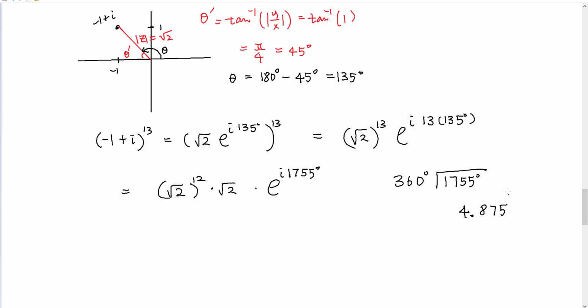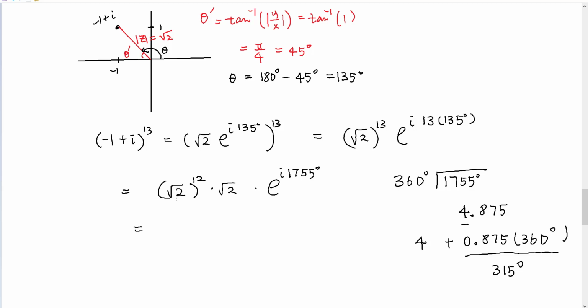What it means is that it's four full complete turns plus 0.875 of 360 degrees. So you subtract 4 and multiply 0.875 by 360. That's equal to 315 degrees. So that means 1755 degrees is coterminal to 315 degrees.